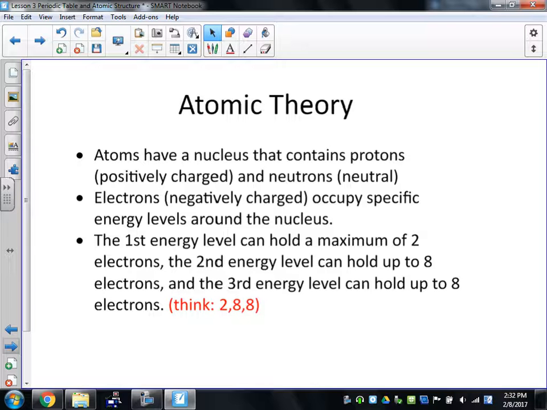That's why you can put 2 electrons in the first energy level. This one has 1, 2, 3, 4, 5, 6, 7, 8. This one too, 8. This we're not going to worry about. So 2, 8, 8.